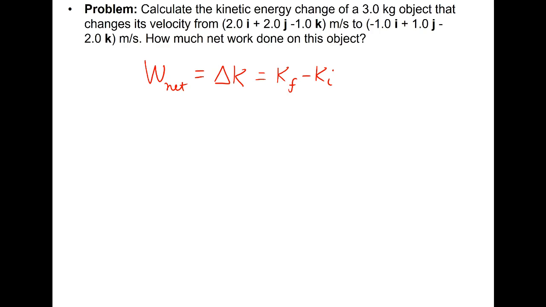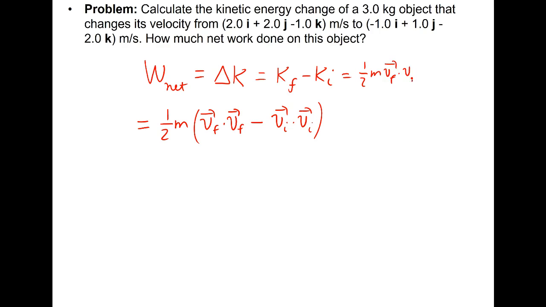Okay, now we're going to use our definition from before, so this is 1/2, but instead of v final squared, they're vectors, so it's v final dot v final minus v initial dot v initial. Now how can I write it like that? Well, that's 1/2 m v final dot v final minus 1/2 m v initial dot v initial. So I can just factor out the 1/2 m.